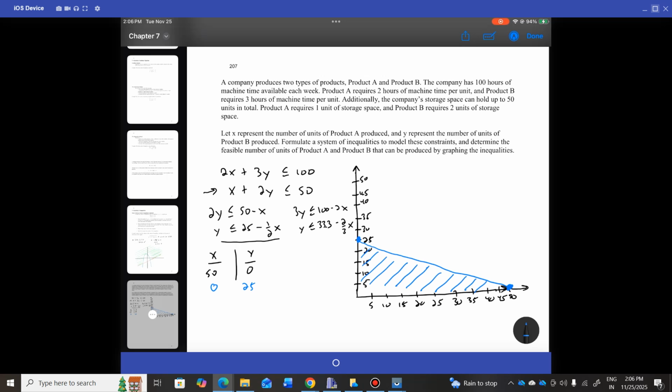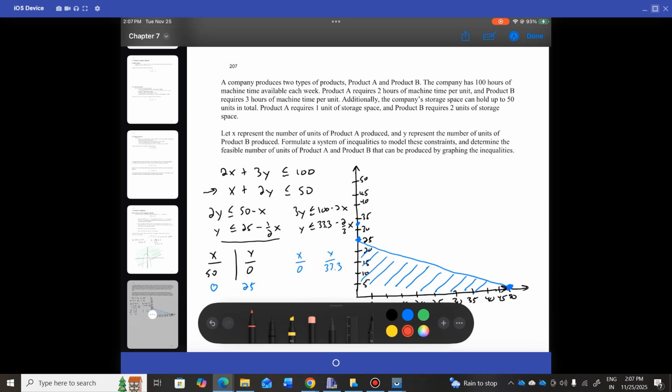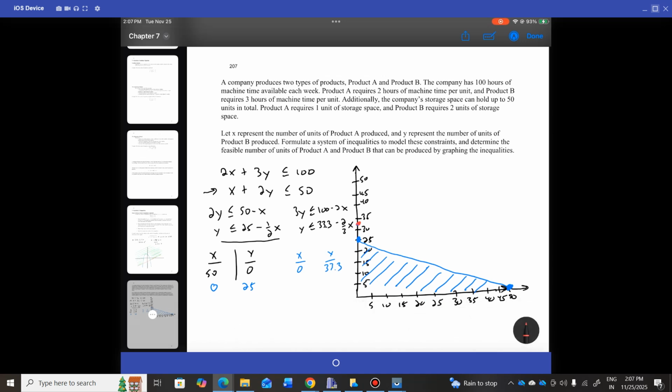Then we do the next one. If x is 0, y is 33.3. I'm doing red. So about there. Now if x is 30, let's try 30. 30 divided by 3 is 10. 10 times 2 is 20. So you get about 13.